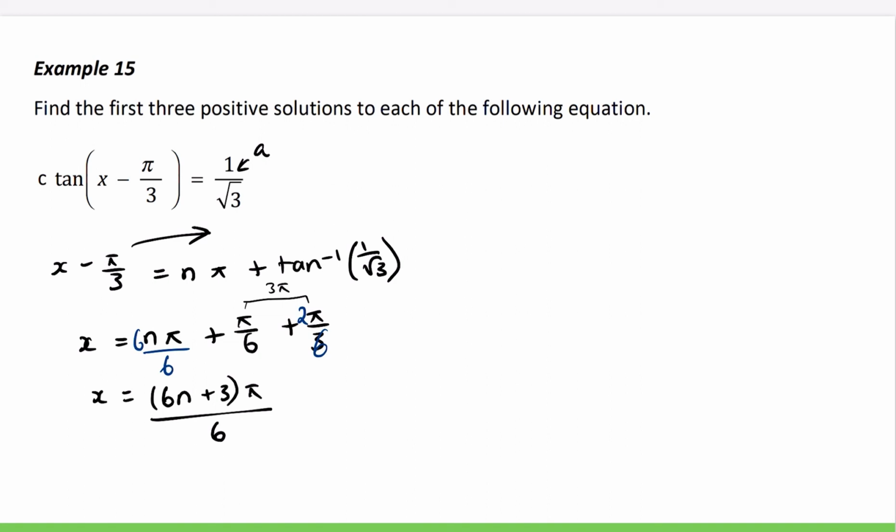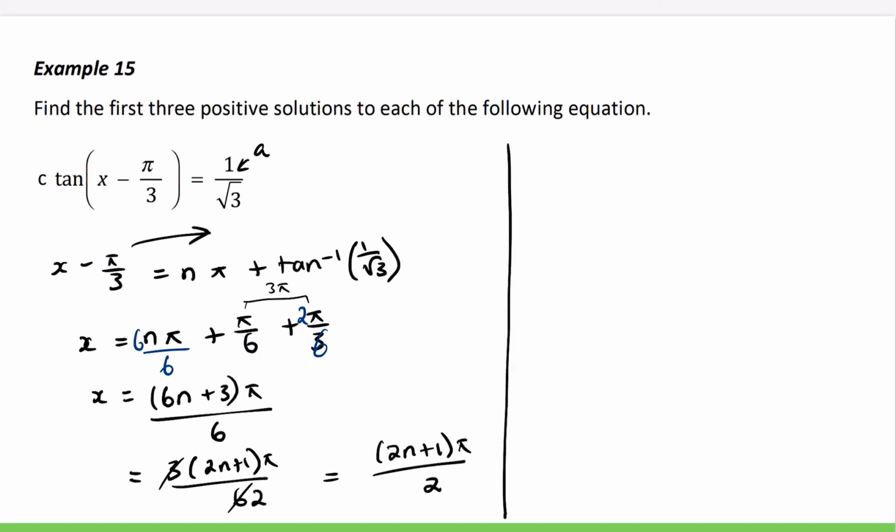You can notice, hopefully, that you can actually pull out a factor of 3 at the top there, and we can simplify that with the bottom as well. So if I pull out a factor of 3 from the top, that would be 3(2n plus 1)π on 6. That can simplify to 2. So my final equation would be (2n plus 1)π on 2.